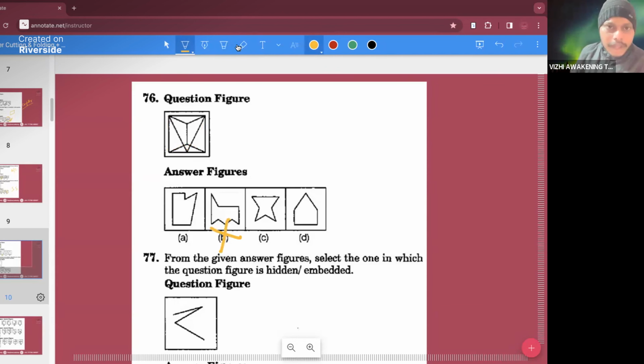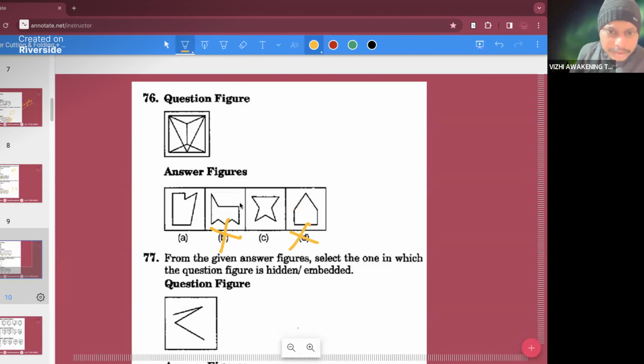Let's try now to evaluate this one. If it is a pentagon, there'll be a triangle. Can we make a pentagon over here? No, we cannot make the pentagon over here as well, right? Can we make D, guys?